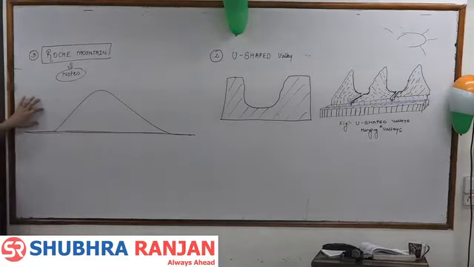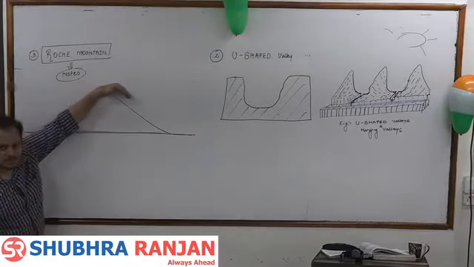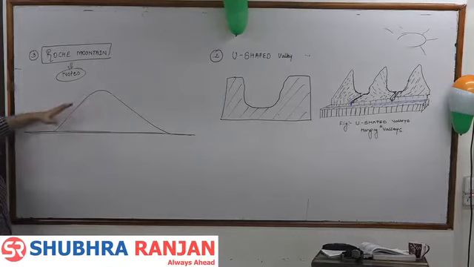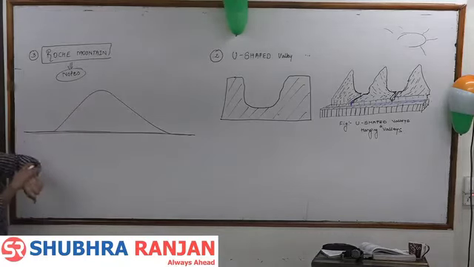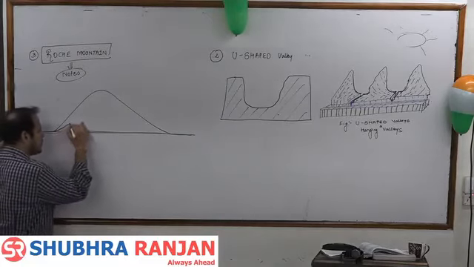Now when the glacier has come, it moves upwards. As the glacier is moving upwards, it will polish, scratch and abrade this surface a lot. So this surface will become very very smooth.